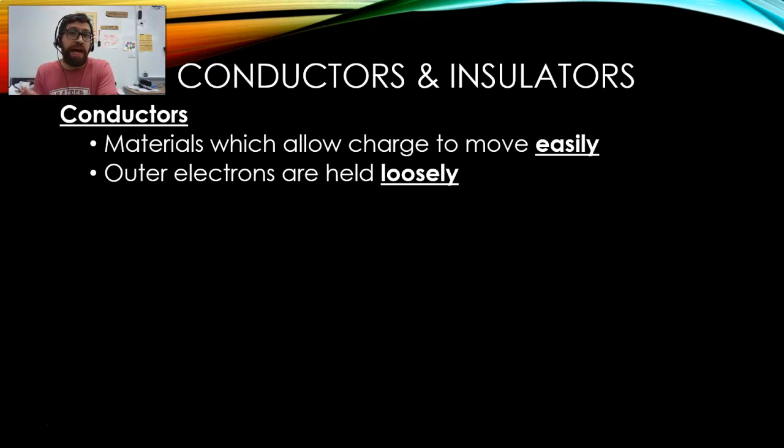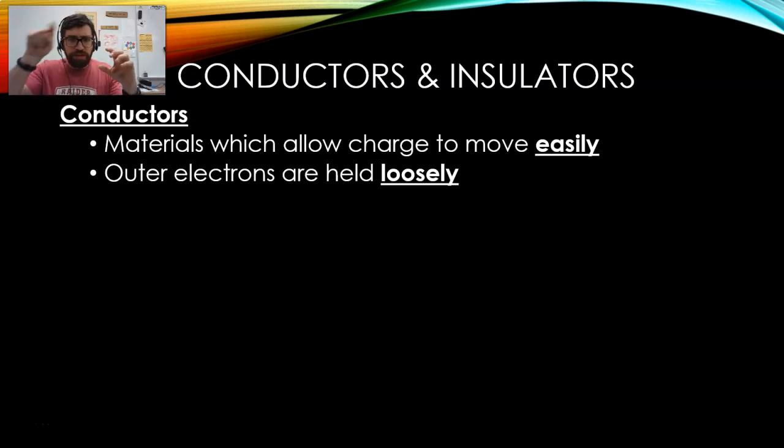Electrons moving from one atom to another, from one object to another, are the reason for charge transfer or charge buildup. And it's those outer electrons that really participate the most in electricity. So how tightly or loosely those are held determines how well that object or that material will conduct electricity.